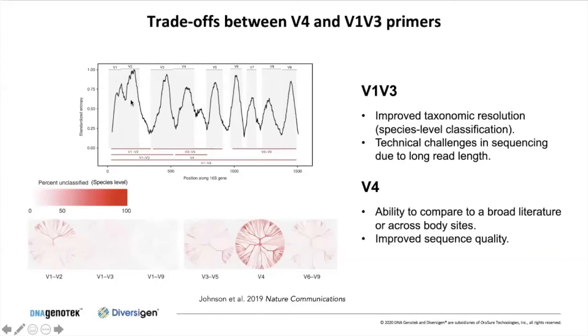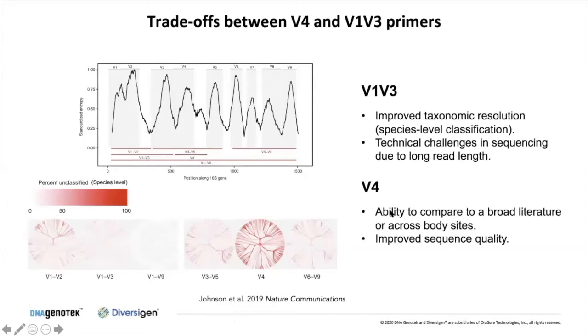It gives you more resolving power. This is visualized really nicely in these plots from this 2019 Nature Communications paper, where you can see that with V4, just because of the smaller target size and the lower entropy of these sequences, most organisms can only be classified down to the genus level. Whereas with V1, V3, you get a lot more organisms that are able to be classified to the species level.